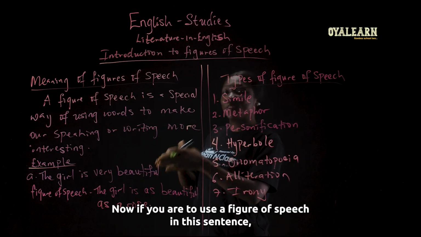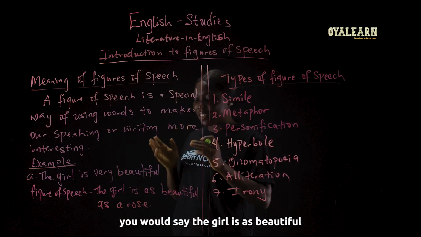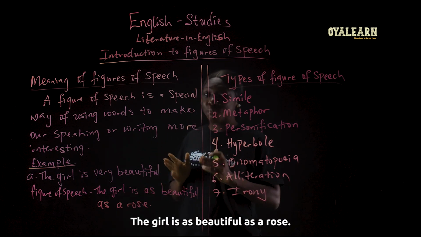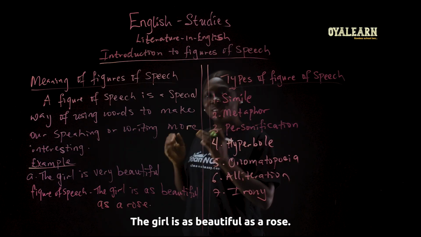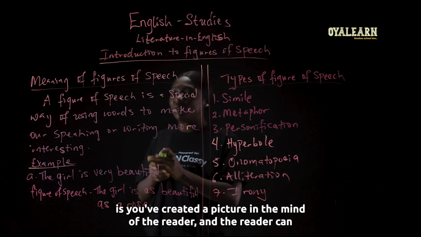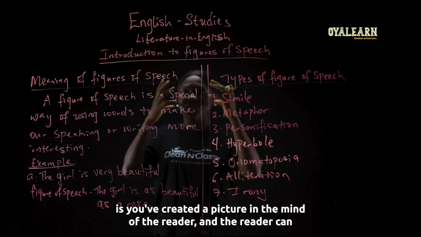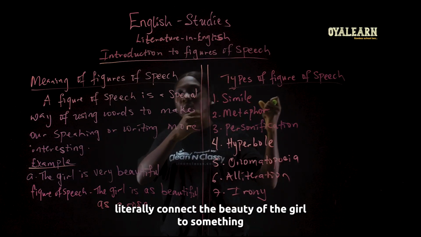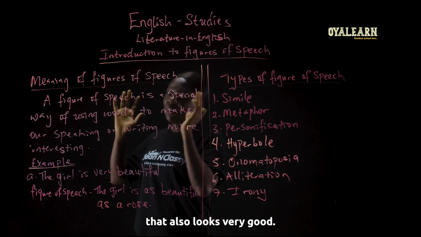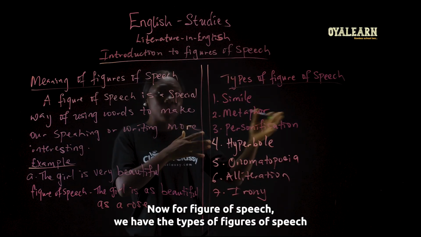Now, if you use a figure of speech in the sentence, you would say, the girl is as beautiful as a rose. Now, when you use a figure of speech for this, what you've done is you've created a picture in the mind of the reader, and the reader can literally connect the beauty of the girl to something that also looks very good.